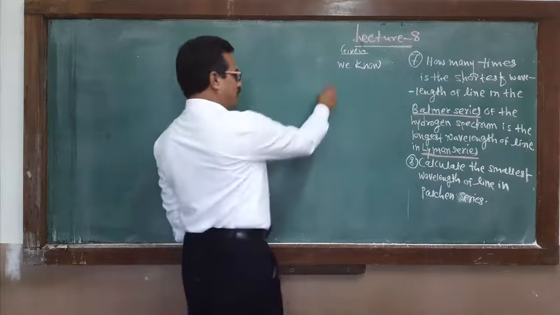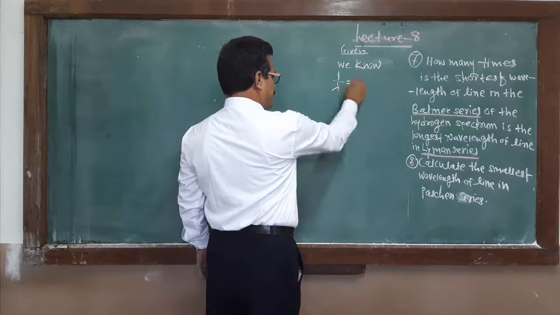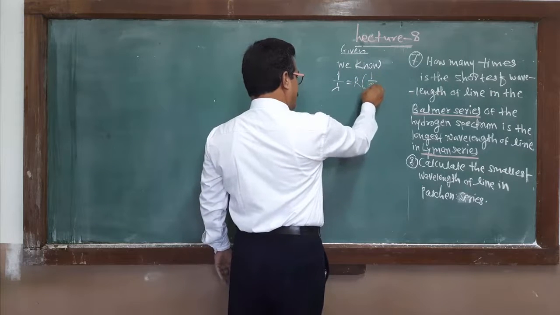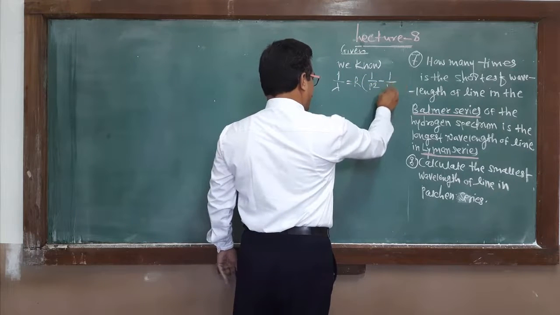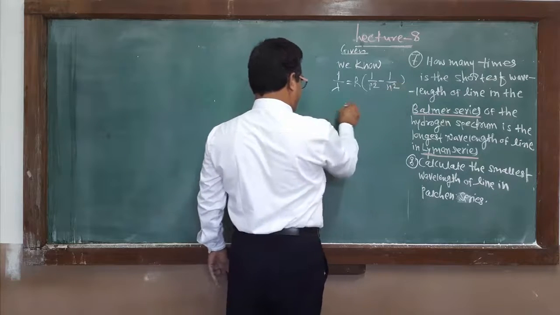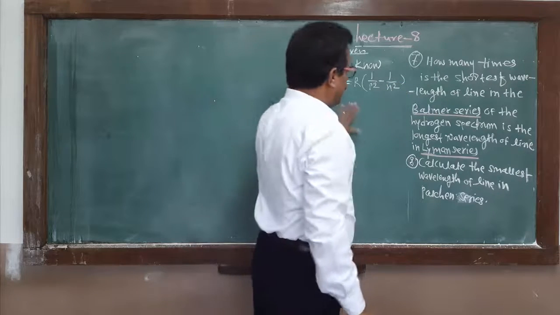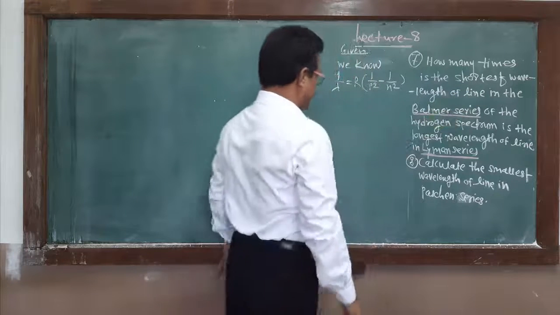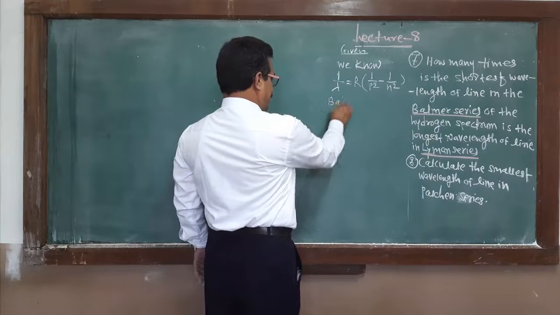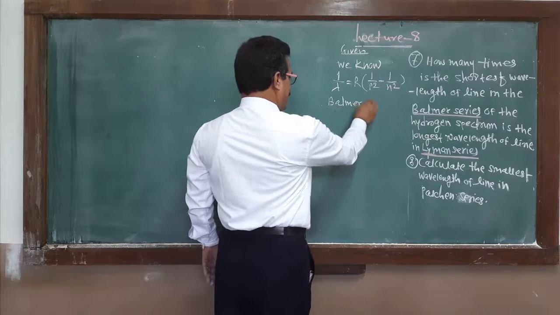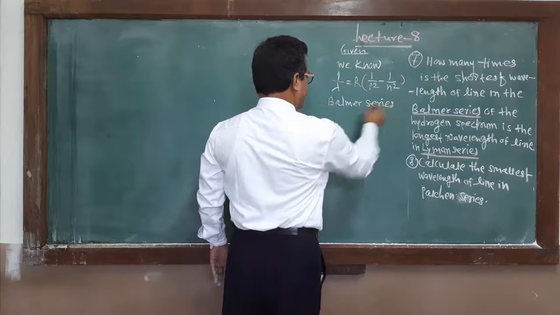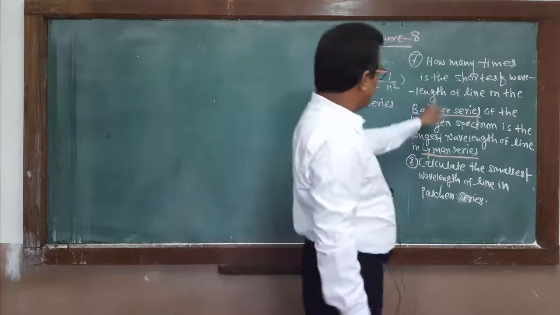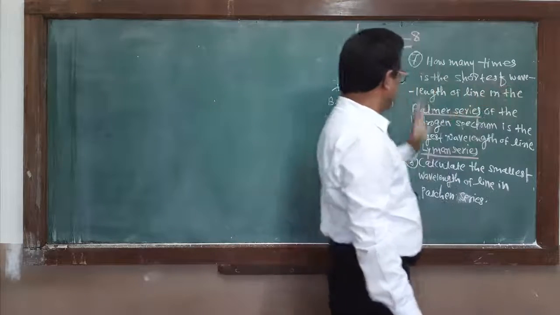We know the Bohr formula, 1 upon lambda is equal to R in bracket 1 upon P square minus 1 upon N square. When we consider the Balmer series point of view, P is equal to 2 and here is the shortest wavelength.